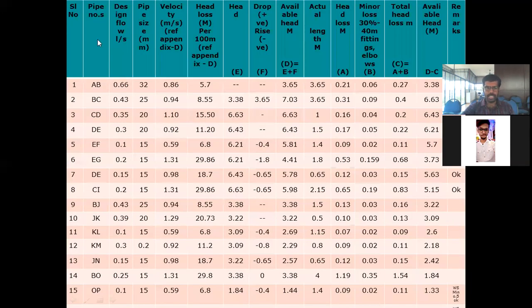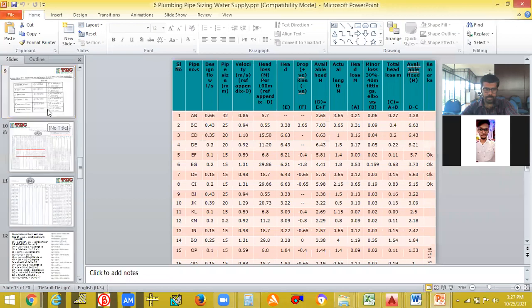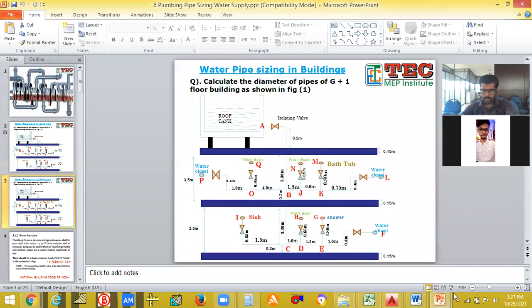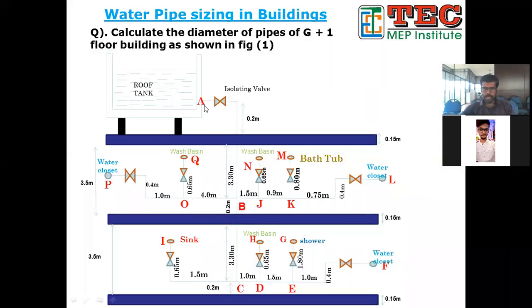Here it is given SL number. First SL number, you can write 1, 2, 3, 4. Then pipe numbers AB, BC. So what is this AB? This one is AB.